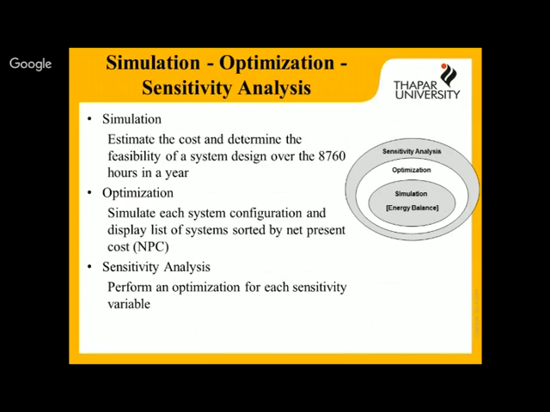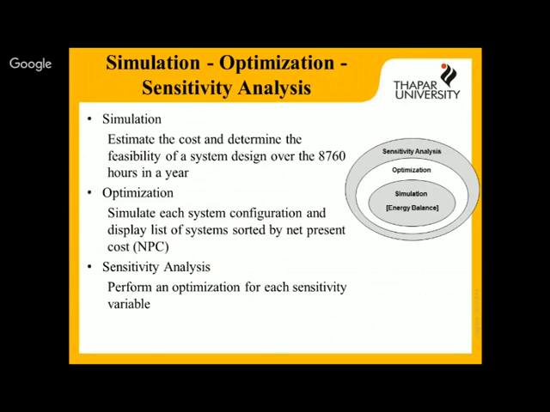So basically it optimizes the system. It simulates each system configuration. There are so many combinations that come out of this system. Let's say there are three systems in this standalone system. One is I can meet this demand by PV plus battery, though the size will be different.